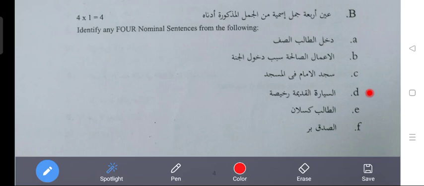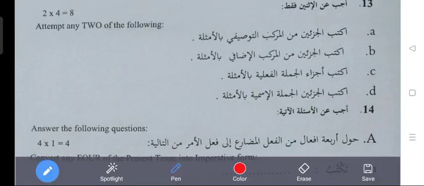Now come to section 13. This is section 13. In section 13, he is asking Ajib anil ithnain faqat. Attempt any two of the following. It carries 8 marks. 2 into 4 is equal to 8.